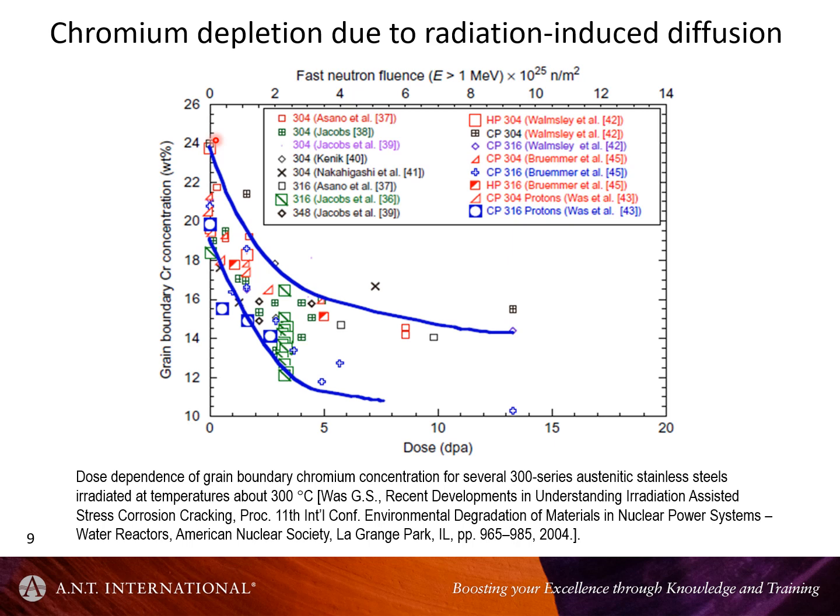It looks like, although I don't know what these are, HP or CP or whatever. But just by looking at the chromium composition at zero dose, it seems that there hasn't been much evidence of any chromium depletion in the as received material. But with time in the reactor, the chromium depletion drops down.